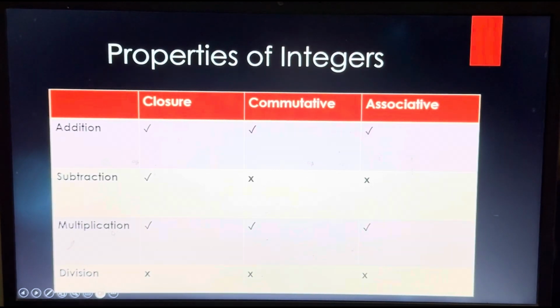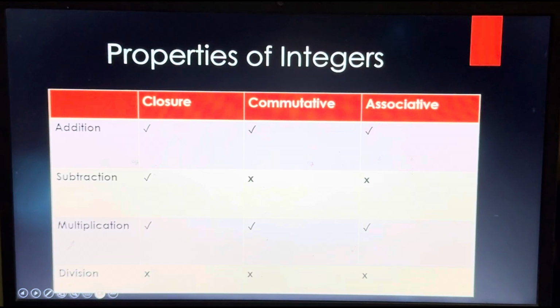They are following all the properties, the closure property, commutative property, and associative property, right? Now, subtraction is a little naughty, so it follows only the closure property, it does not follow commutative and associative.